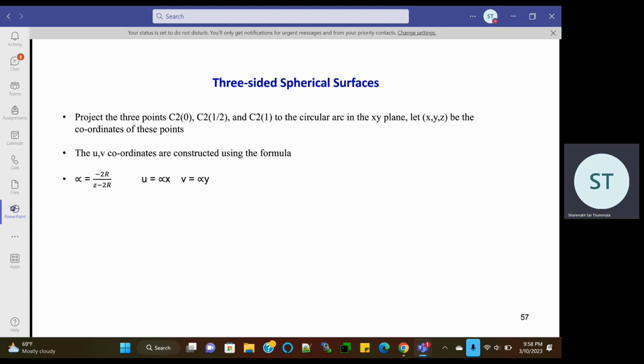Now we project these 3 points, C2(0), C2(1/2), and C2(1), to the circular arc in the xy plane, and let x, y, z be the coordinates of these points, where the UV coordinates are constructed using the formula alpha equal to -2r/(z - 2r), u equal to alpha x, and v equal to alpha y.